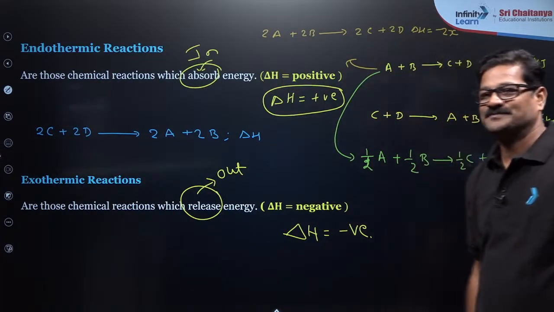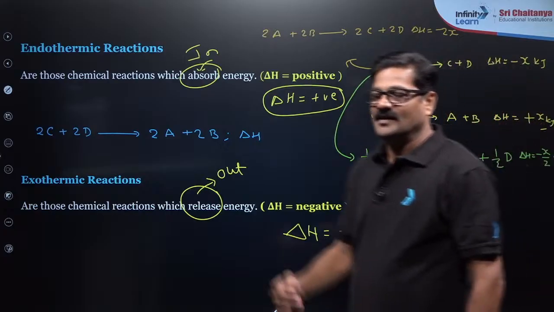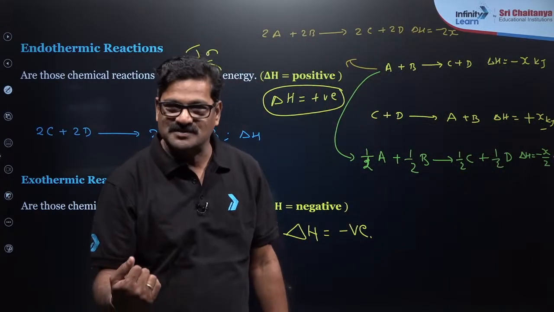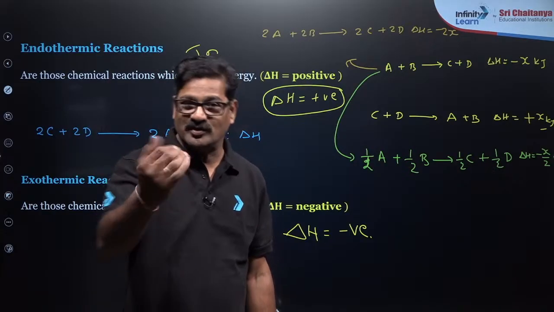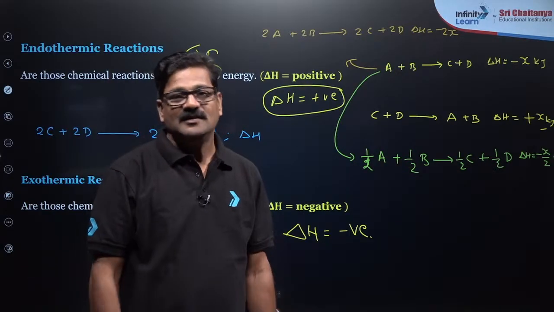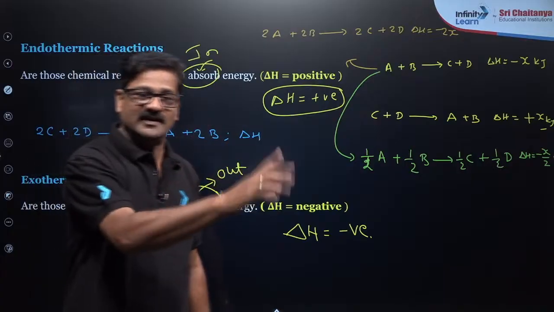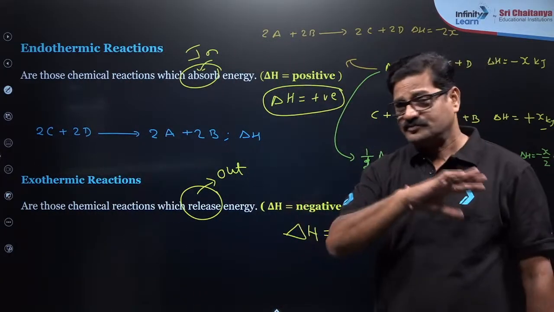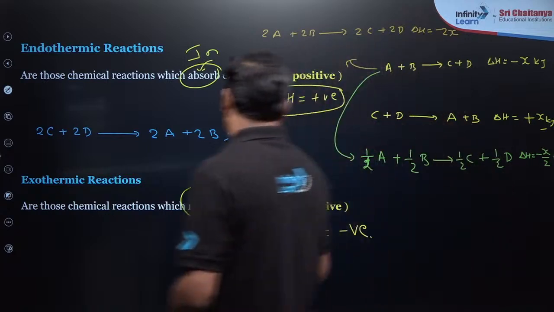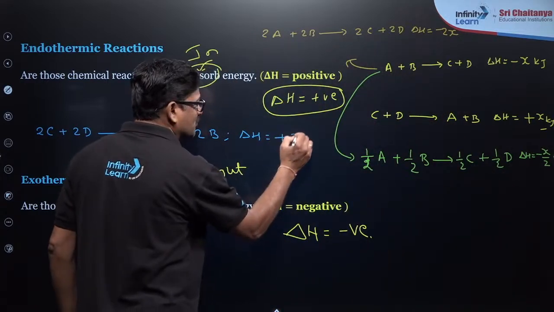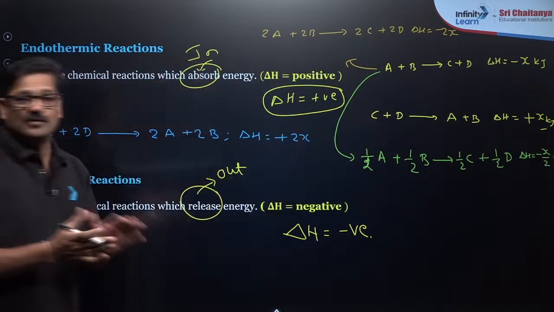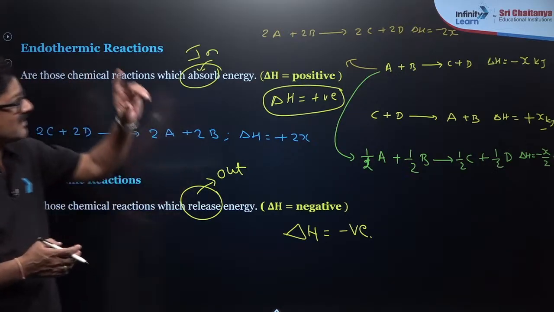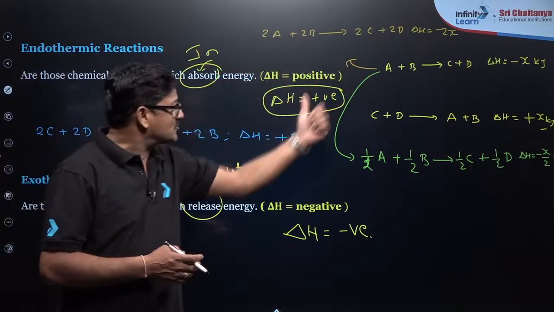If you divide the equation by n number of times, you are going to get the delta H value divided by n. If you multiply the equation with n, so delta H value also will be multiplied. I just want to say that it is going to be plus 2x. फिलहाल कुछ डाउट हो तो आप पूछना. It was minus 2x and it is going to be plus 2x.